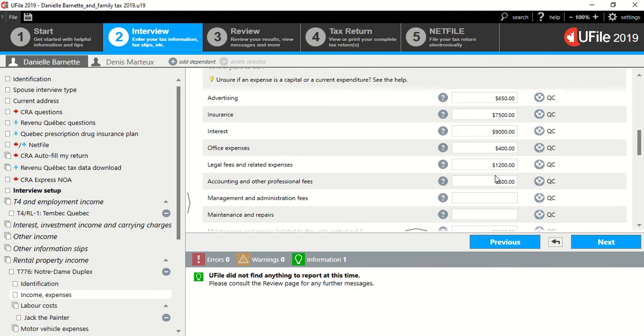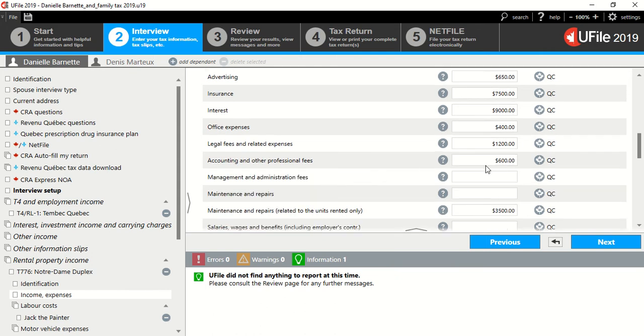Legal fees and related expenses, if you had to consult a notary to get an eviction notice, or write a legal notice to a neighbor that's impeding the enjoyment of your property or the enjoyment of your tenant's property, etc. Accounting and other professional fees, if you pay somebody to do some bookkeeping for you, there it is.